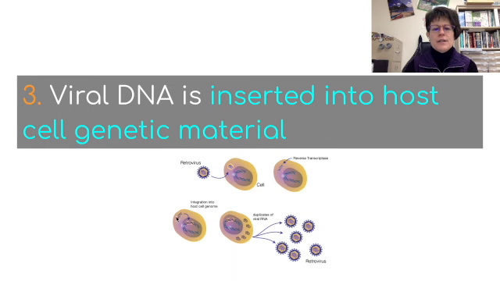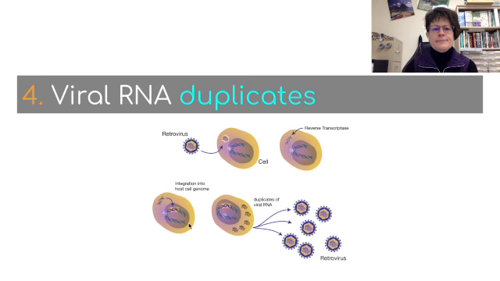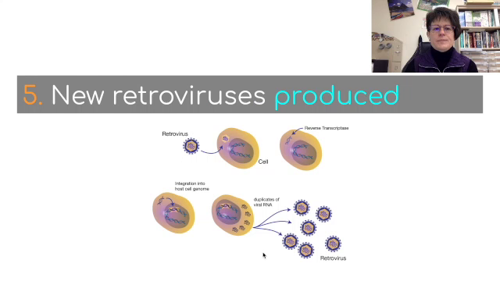So here it inserts itself into the host cell's DNA. Then the viral DNA replicates. So here we have the RNA being reproduced, and it's making new retroviruses out here that get sent out. And new retroviruses are produced.